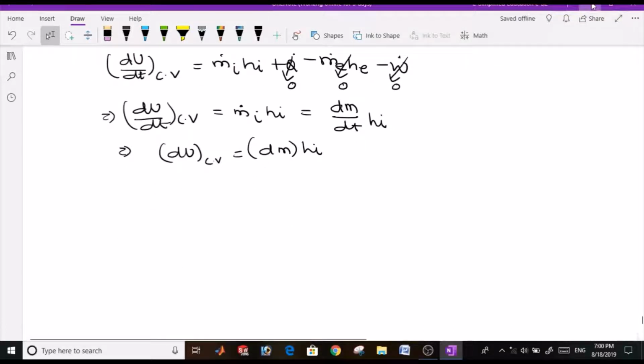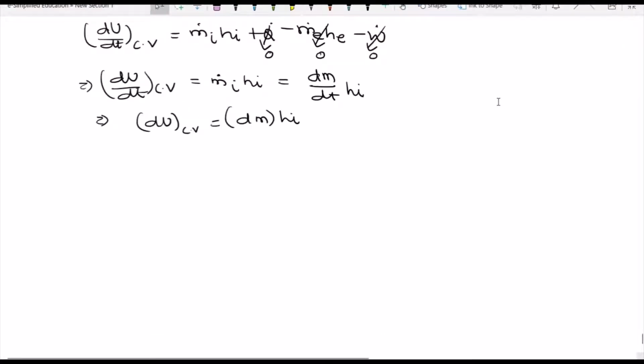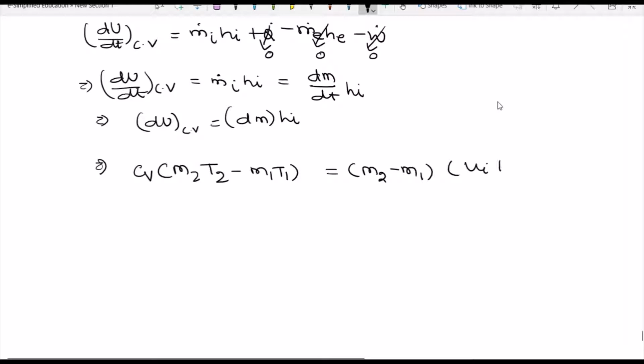Now, if I write this, dU of control volume as Cv into m2 into T2 minus m1 into T1, that is equal to m2 minus m1 into u_i plus p_i v_i. What is m2 and m1? This is very important.